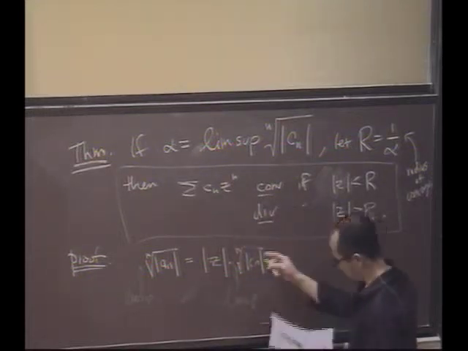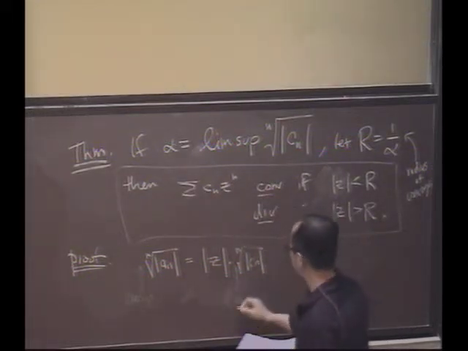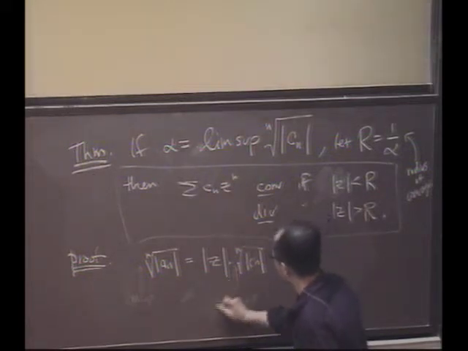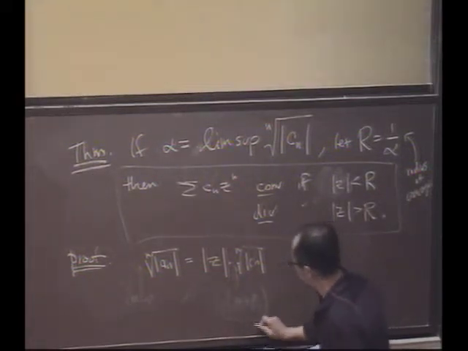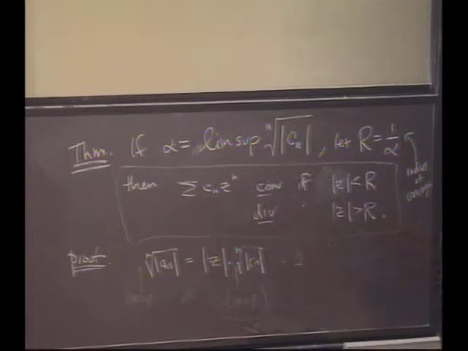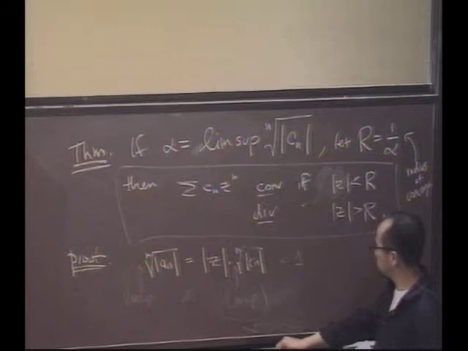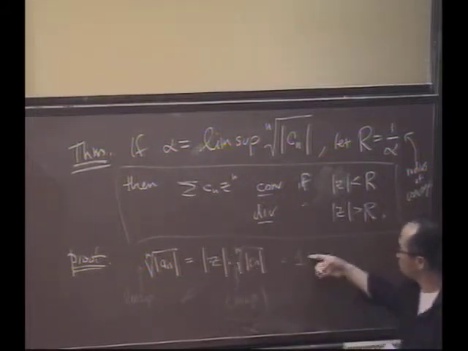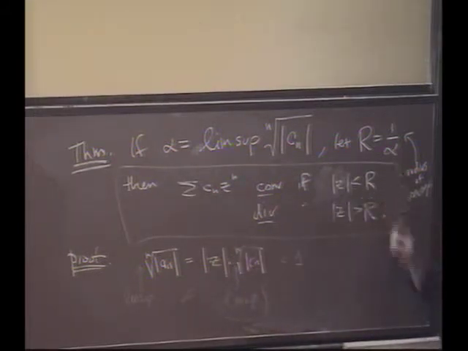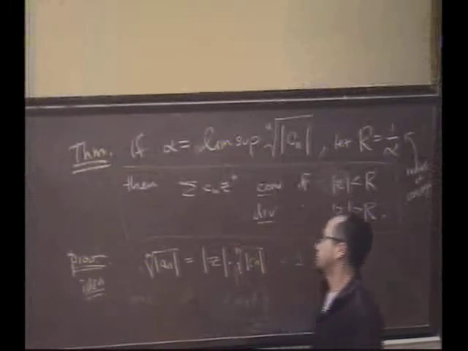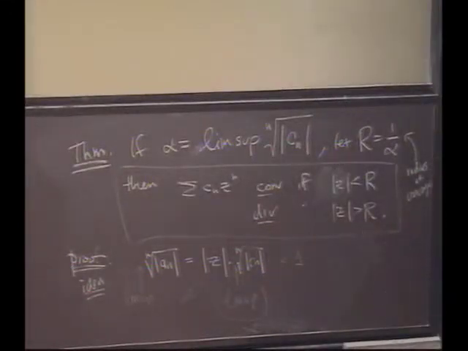I'm hoping to compare this to 1. But wait, what's this part? This part is the thing I've called alpha here. And so really we're just looking at comparing |z| to 1 over alpha. That's where the r comes from. Okay, so this is the proof idea. I'm not going to carry out the proofs very carefully here because you can see it written carefully in your book. But the idea is what you should remember. We're just using the root test.